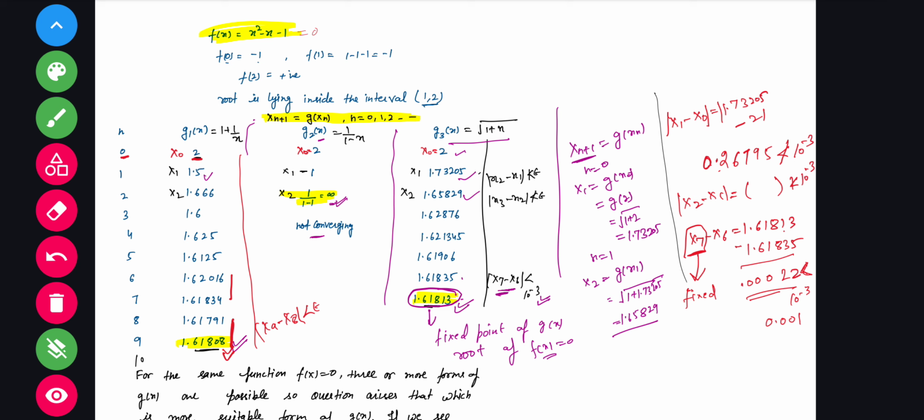If the difference is going on increasing, like when we put x equal to 1 it is 16, and when we put x equal to 2 it is 100 and something, that is a huge gap, and the gap goes on increasing. So this kind of g of x should not be taken. What kind should be taken?